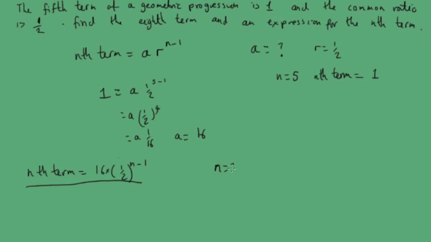So when n equals 8, the 8th term is going to be 16 times a half to the power n minus 1, which is 7. So working all that out, we will get an 8th. For this kind of one, just leave it as a fraction because it's tidier.